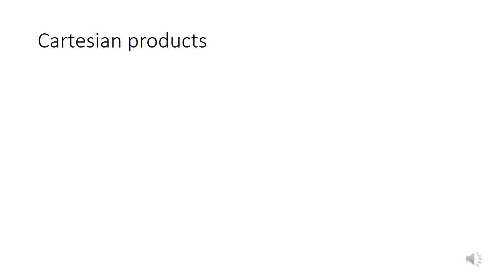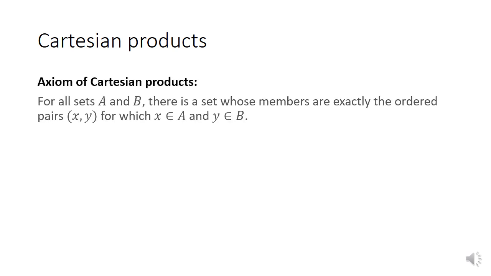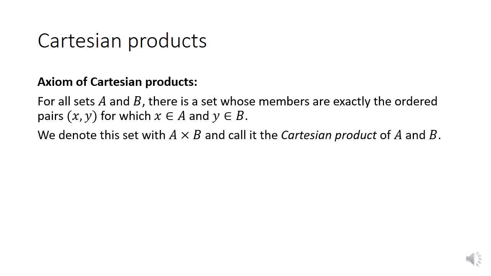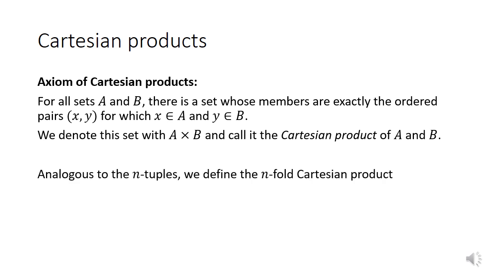We also want to form the set of all ordered pairs with entries from two given sets according to the following axiom of Cartesian products. For all sets A and B, there is a set whose members are exactly the ordered pairs (x, y), for which x is in A and y is in B. We denote this set with A cross B and call it the Cartesian product of A and B. Analogous to the n-tuples, we define the n-fold Cartesian product recursively.